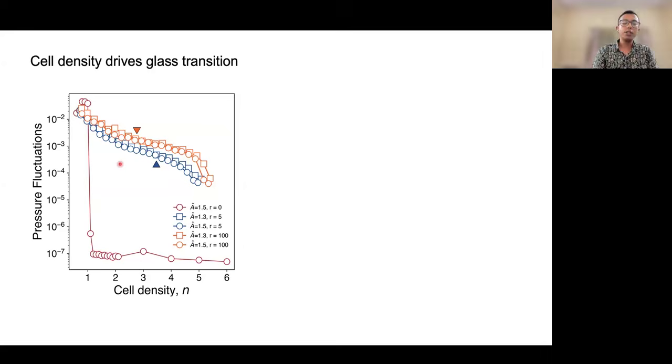But interestingly, if we now do the same transition in the density with a finite division rate, you find that it avoids this discontinuous change. In particular, the higher the division rate, the faster it gets into this solid-like phase, which is shown by this arrow right over here.